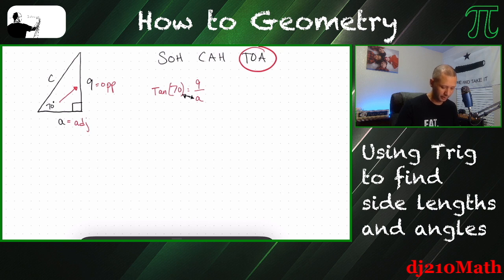A is equal to 9 over tangent of 70. You can swap the variable for the trig expression. So to the calculator, 9 divided by tangent of 70 is approximately 3.2757.